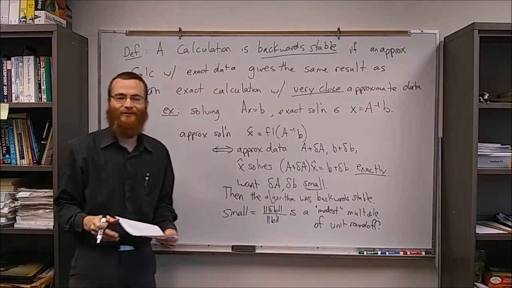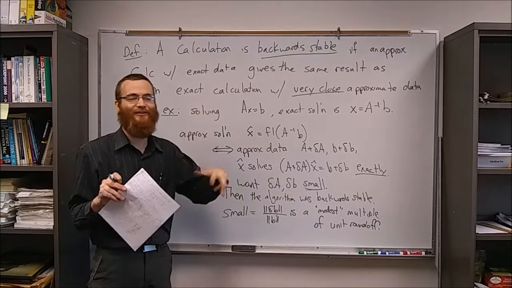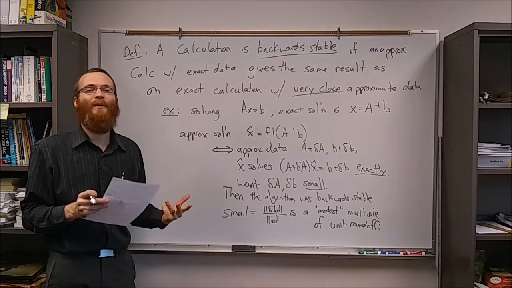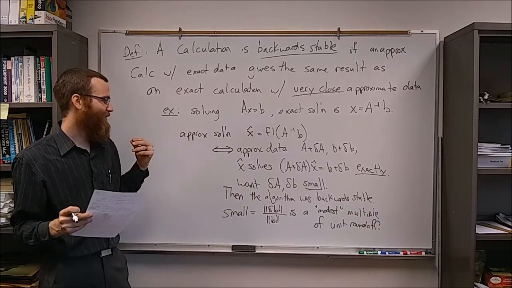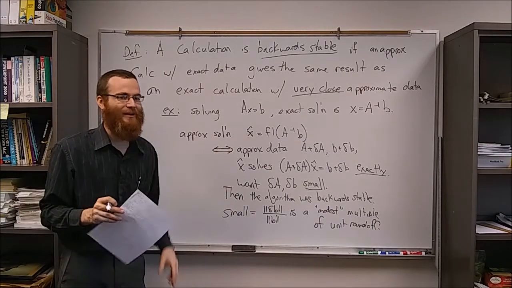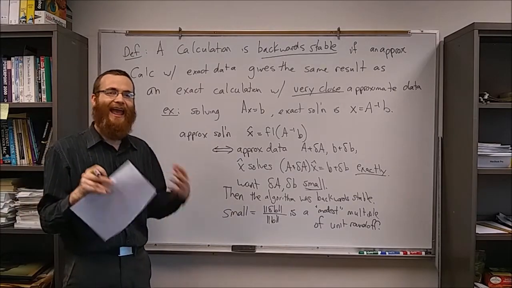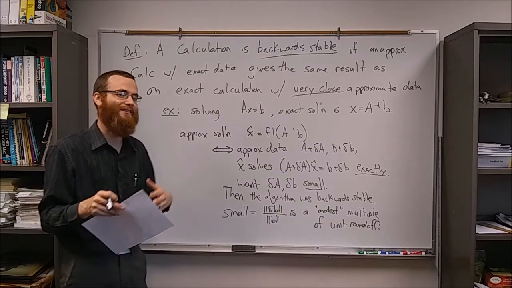Like most of these accuracy things, small and modest and other things, there's a bit of wiggle room here because in different situations you might care about more or less accuracy. But a modest multiple of the unit round-off, if you had 10 times the unit round-off, that'd be great. Generally speaking, modest means something like n, the size of the matrix, times the unit round-off. Something like that would be considered reasonable.